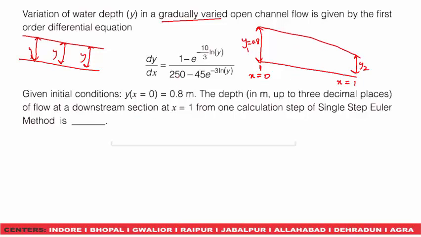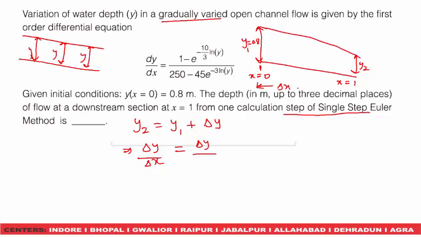Now since we have to use single step, we can say y2 will be equal to y1 plus delta y, and this delta y will be calculated from this value. So applying the single step, we will get here delta y by delta x equal to this value, and the value of delta x in this case is x equal to 1 minus x equal to 0, that is 1 minus 0.